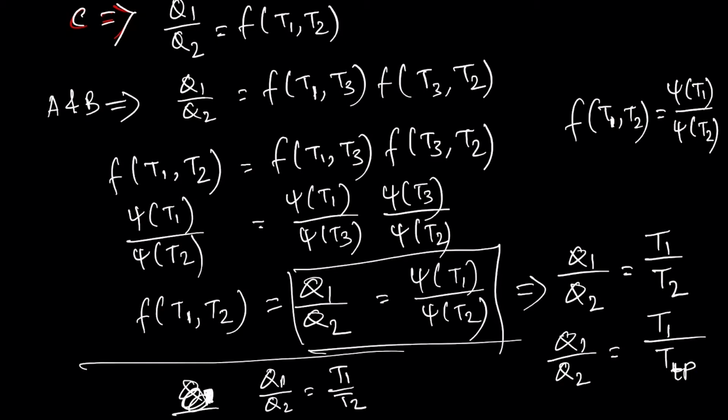That is from our normal temperature definition itself, it gives that in an ideal gas. However, in general, for non-ideal gases also we can write the ratio of heat input and output as a function of the individual temperatures. Thus, Kelvin actually decided on this Kelvin scale.